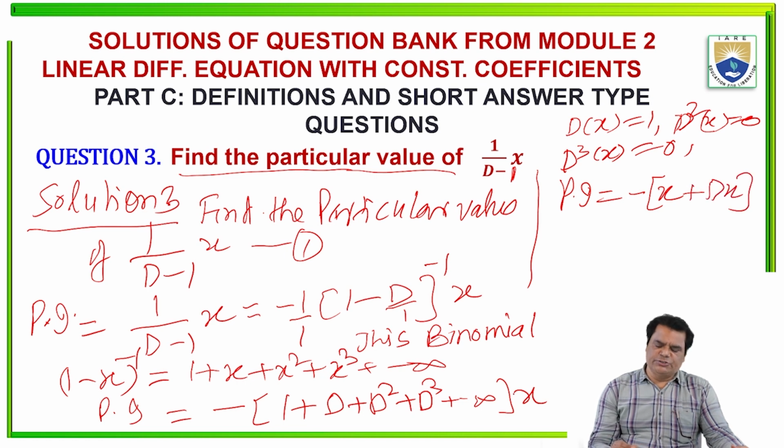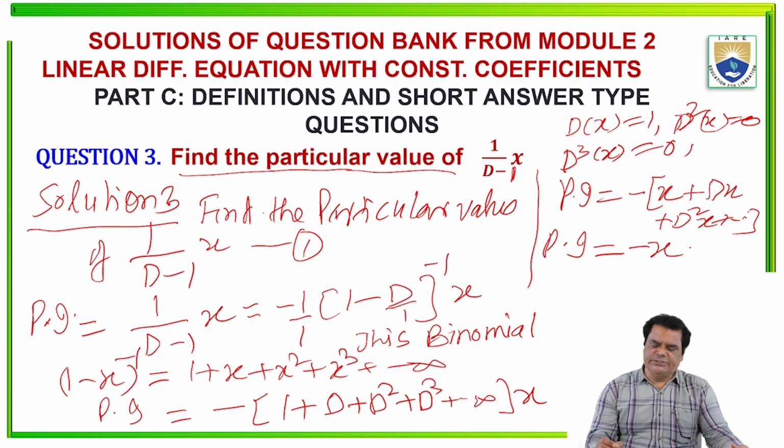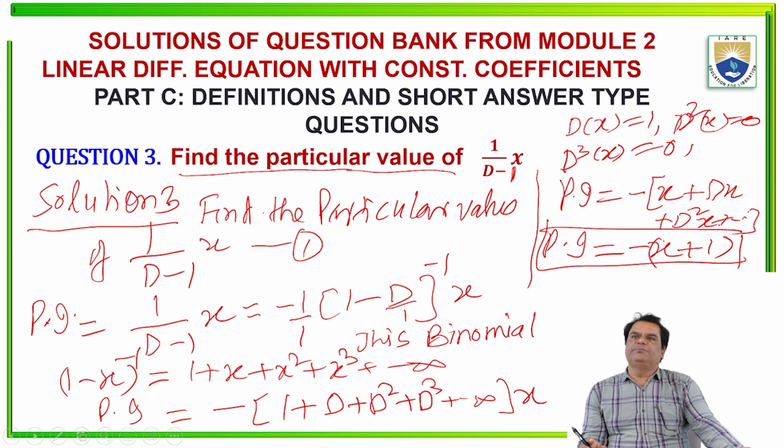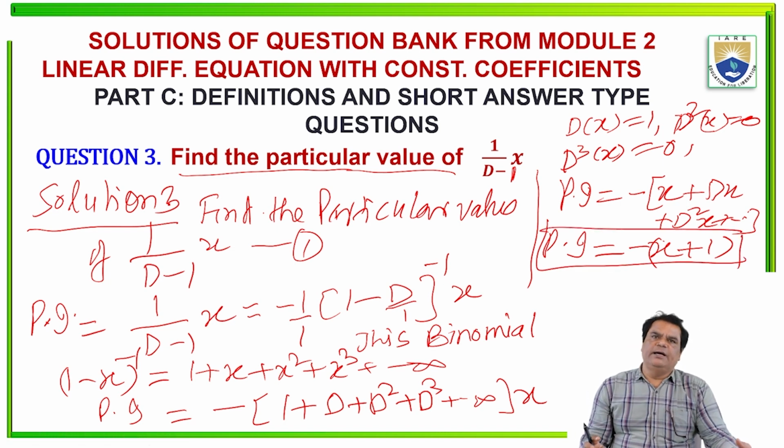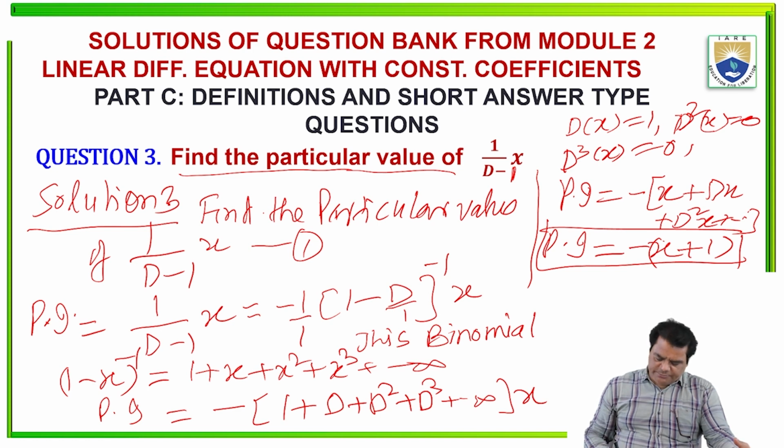All other terms, D square x and so on, are 0. So we write PI is equal to minus x plus 1, since Dx is plus 1. So minus x plus 1 is PI. This is the particular integral of 1 upon D minus 1 into x.